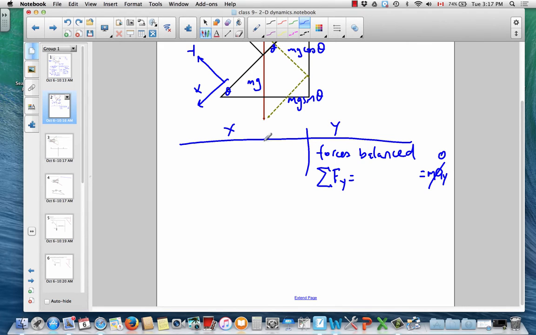So what forces are in the y direction? Well, in the positive y direction, we've got the normal force. In the negative y direction, downwards, we've got the applied force F, and we've got the squeeze, mg cosine theta, and I'm really running out of room there.